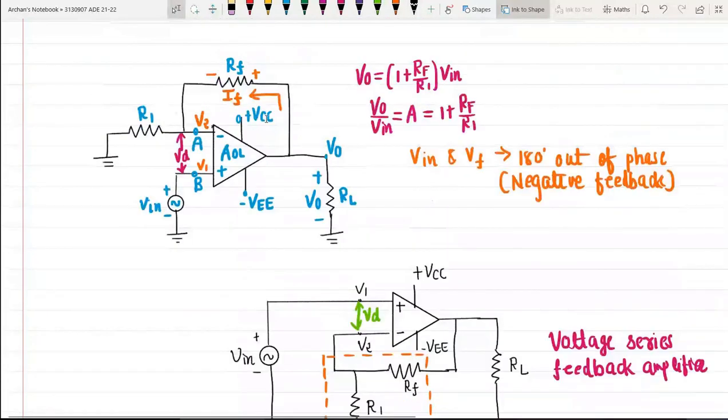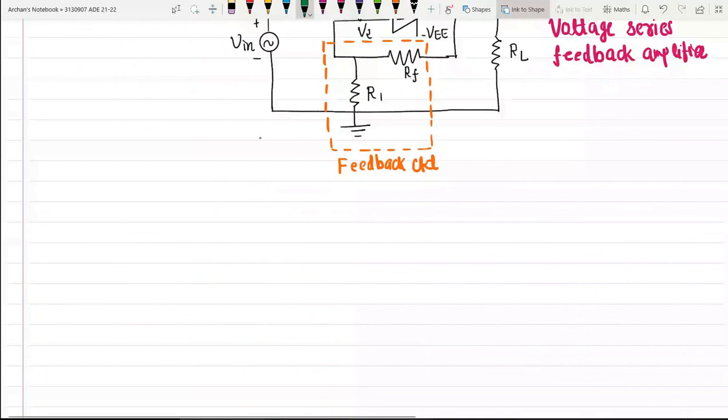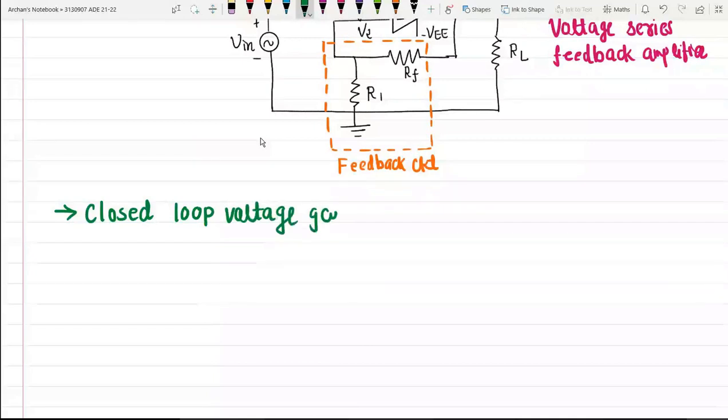Now for this circuit diagram, let us try to derive the closed loop voltage gain. That is our first parameter which we need to know. What are the controlling parameters of this closed loop voltage gain? That is important. When we talk about finding out the voltage gain, that means we are about to find out the ratio of output voltage to the input voltage, and this is nothing but the gain of the amplifier.